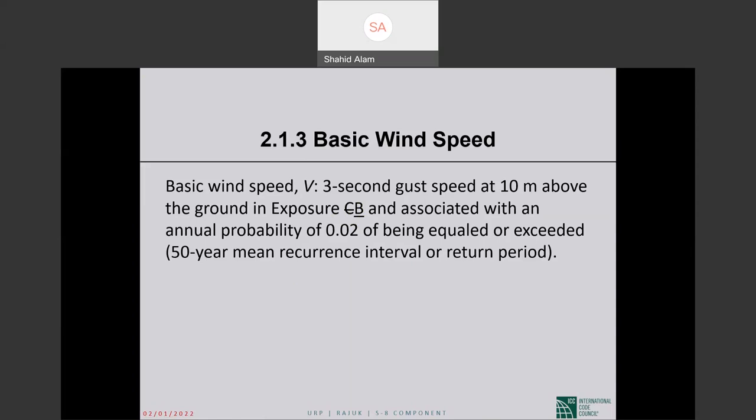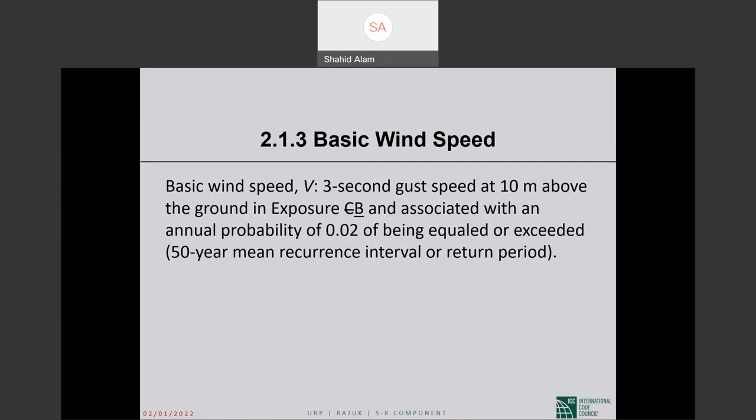Okay, so V is the 3-second gust speed at 10 meters above ground of exposure B. That is essentially suburban exposure. It is neither very smooth nor very rough. In addition, it is associated with a return period of 50 years.